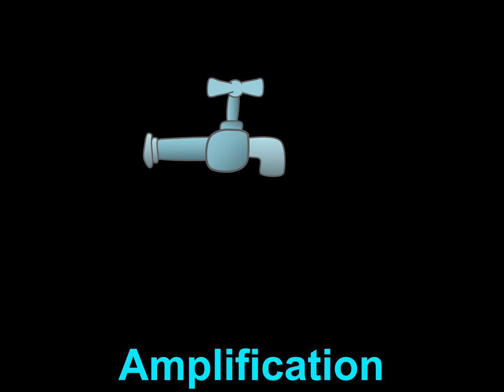To understand how transistors amplify a signal, I like to think of a water faucet. The water faucet is connected to a water tank. The handle controls the flow of water. Thus, a twist of the handle, which takes little force, makes water start flowing.